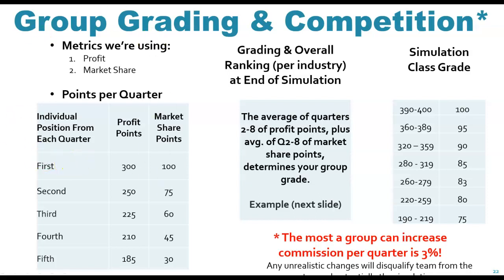The most you can increase compensation, which you'll see that option when you get into the simulation, is 3% per quarter. In the past, I've had students do very unrealistic increases. If you do that, your group's just going to get disqualified.